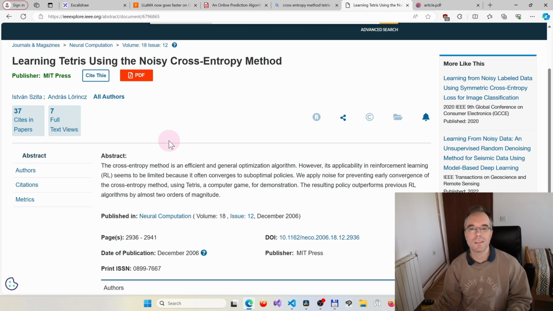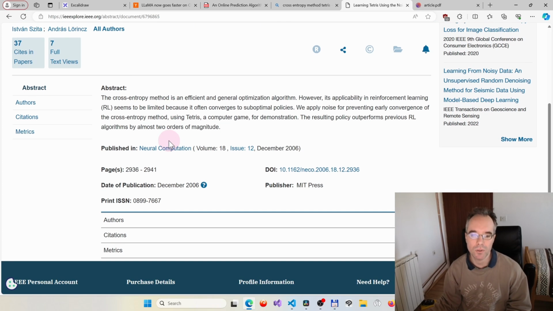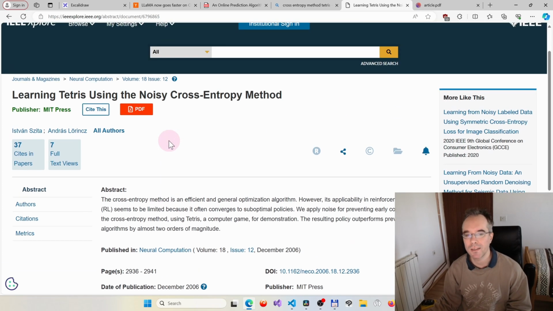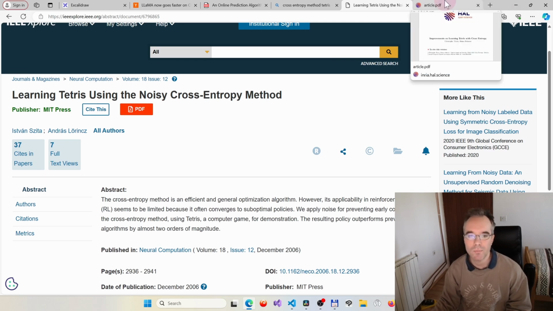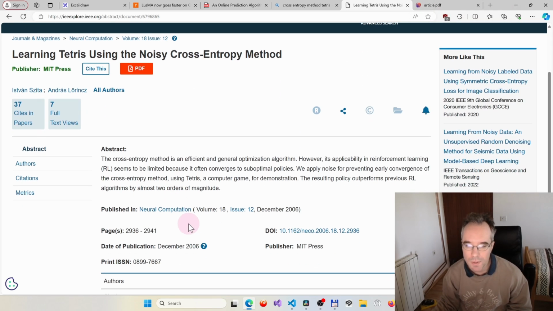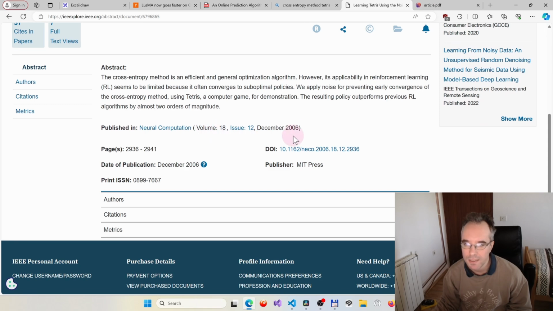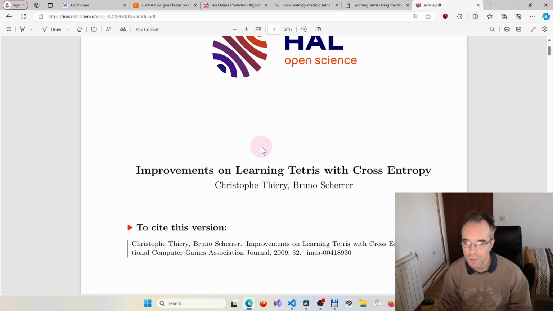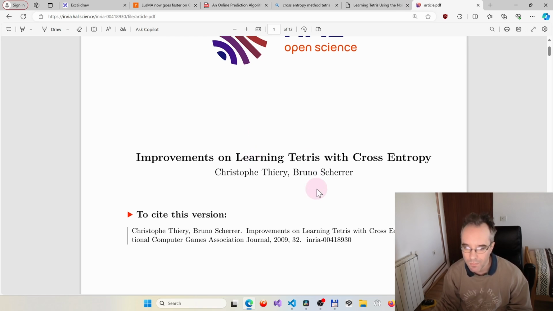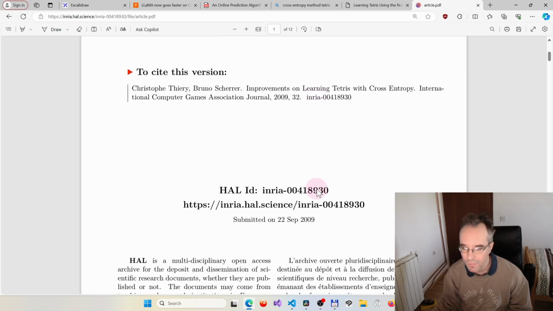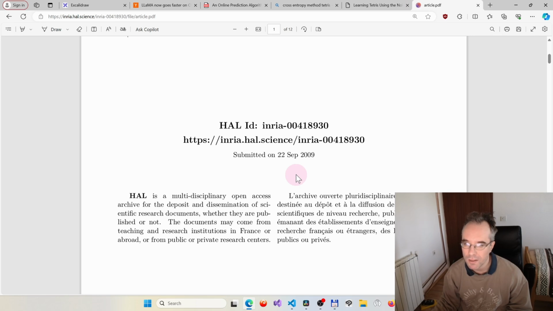Now, I couldn't get the PDF, though I probably would be able to find it on Library Genesis, but I did find this paper. Take note, this paper is from 2006, and the cross entropy method was released in 2005. This paper is from September 2009.